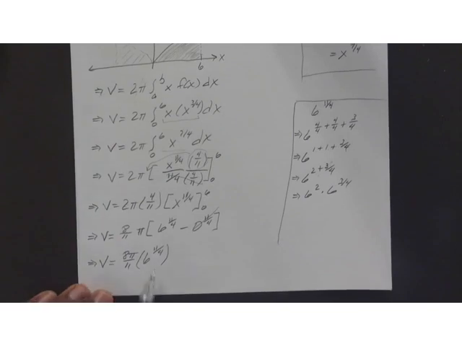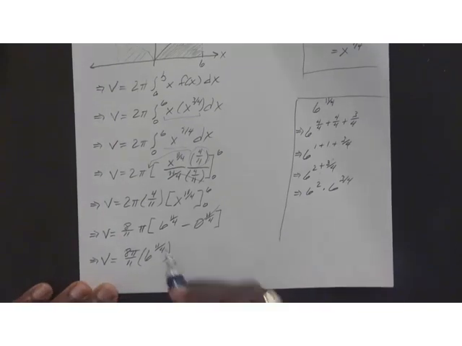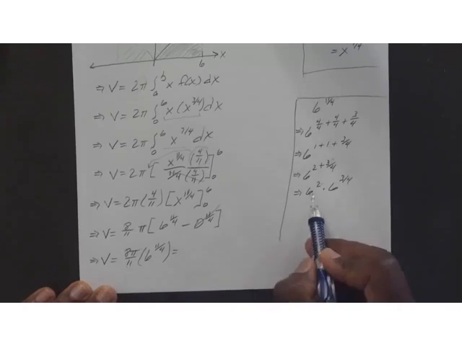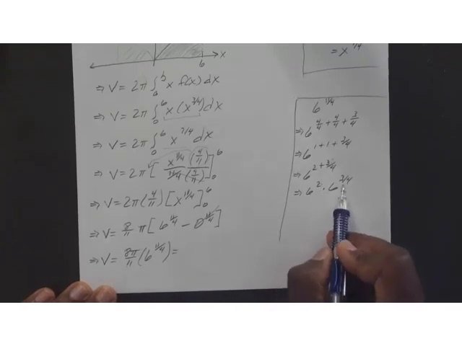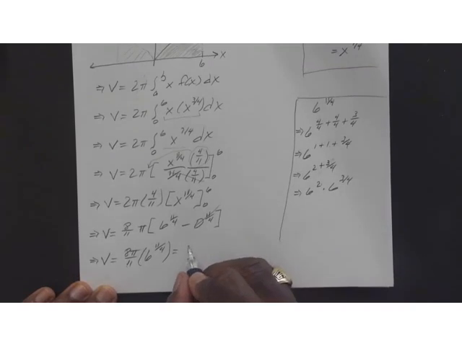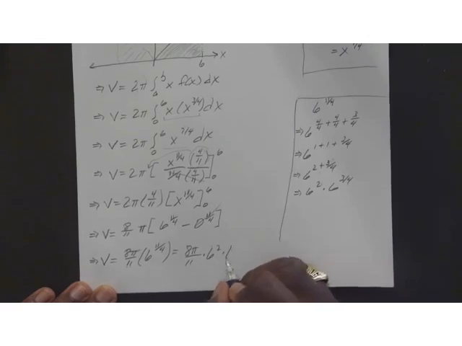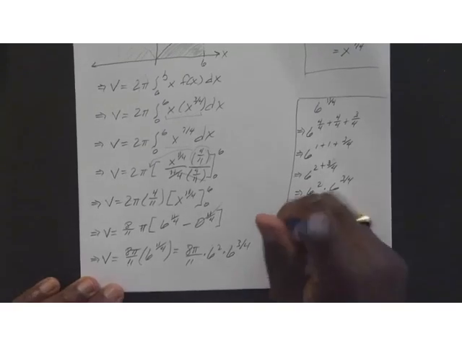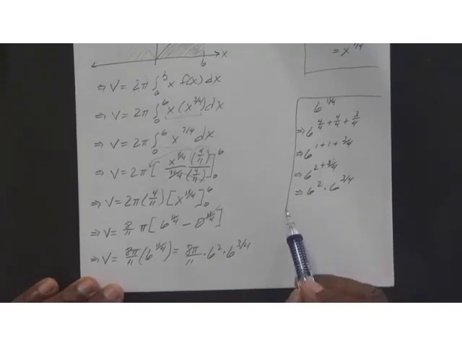Okay, so now we have 8 pi over 11 times 6 squared times 6 to the 3/4.